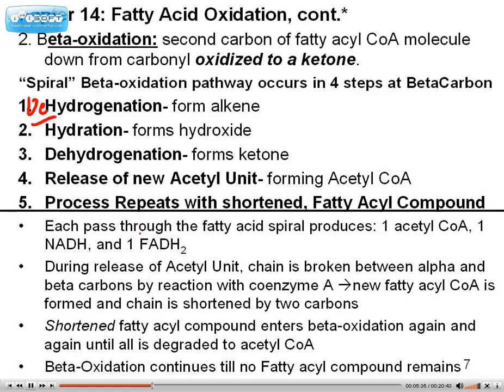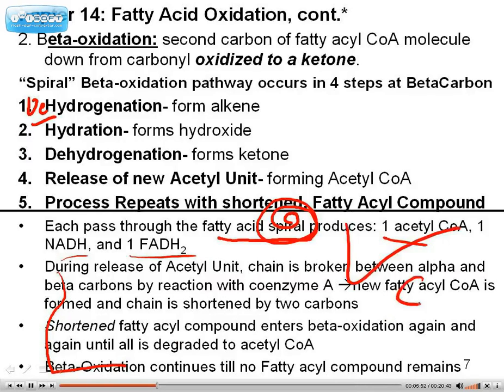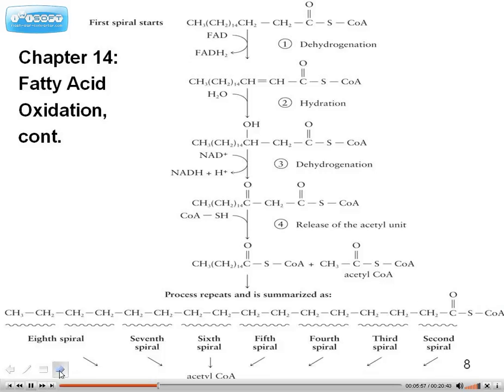In summary, each pass through the fatty acid spiral produces one acetyl-CoA, one NADH, one FADH2. And I'm going to explain the rest of this using the diagram on the next slide. Make sure all of this goes on your cheat sheet. So here are the steps: dehydrogenation, hydration, dehydrogenation, and release of an acetyl group.